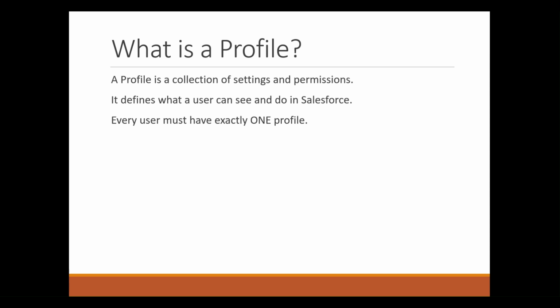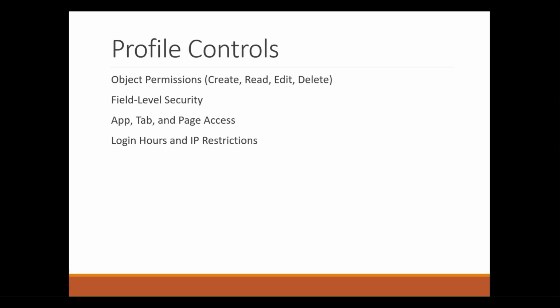But for now we can take it as a user would have only one profile, and that profile could have access defined in it, to determine what that user would be doing or accessing in Salesforce. It says what profile controls. So its object permissions are controlled from the profile, like the create, edit, delete permissions. Any object that you're accessing in Salesforce, its access is defined in your profile.